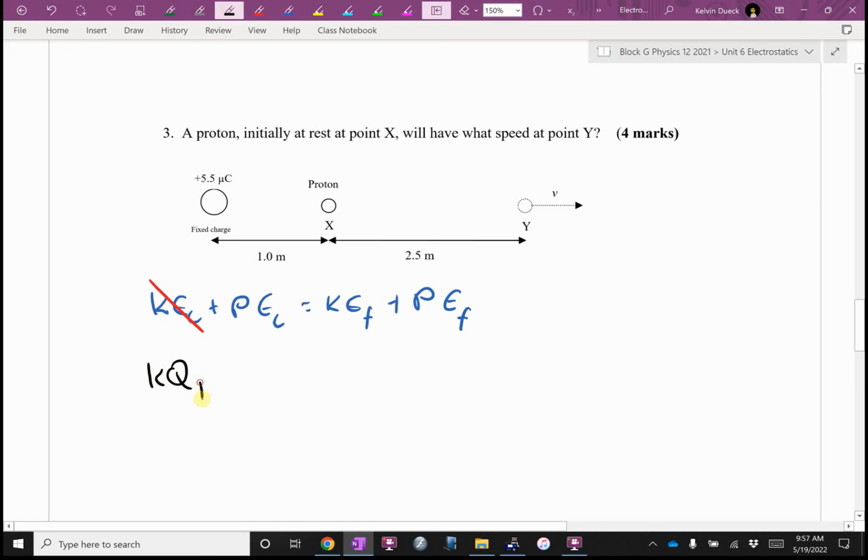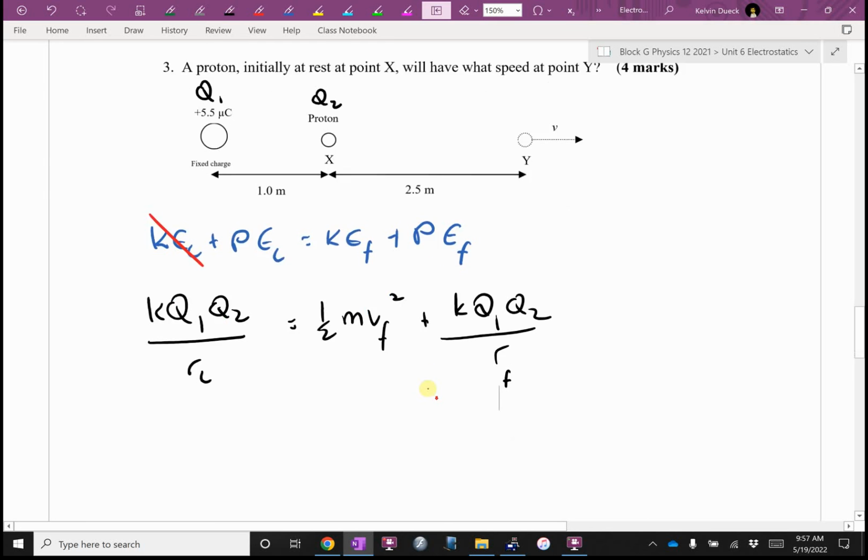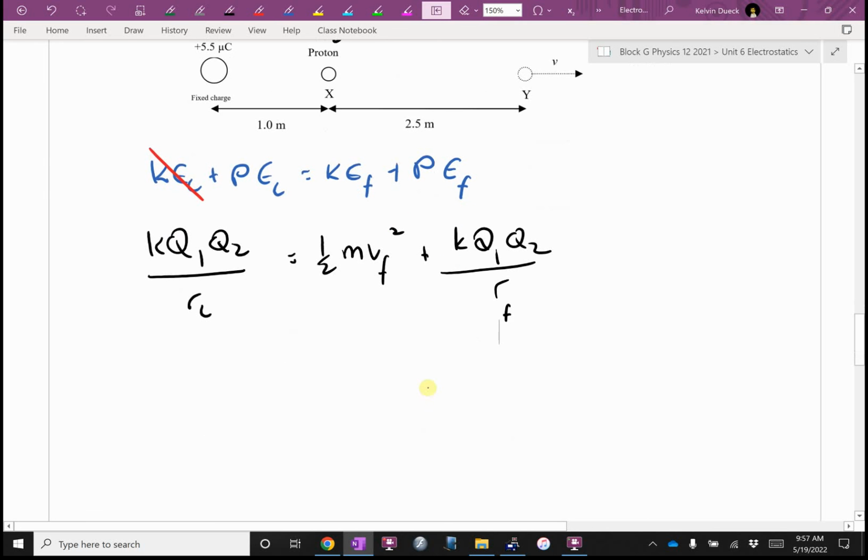K Q1. I'm going to call this Q1. I'm going to call the proton Q2 over R initial equals a half M V final squared plus K Q1 Q2 over R final. I'm not going to get the V by itself yet.